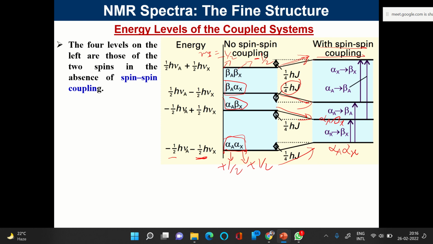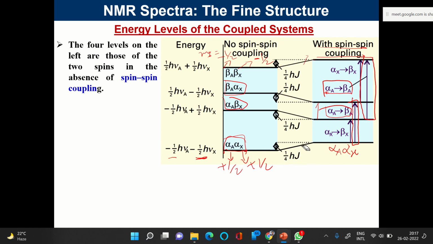And look very carefully, if you look at this for change in A, alpha A to beta A, this will be the change in the A. So this particular thing is here. This is one. Then the same alpha A to beta A here. You can see this is another one.